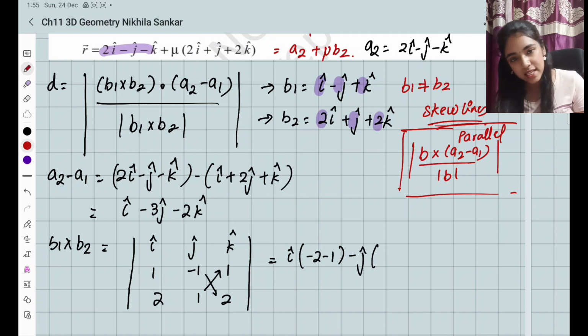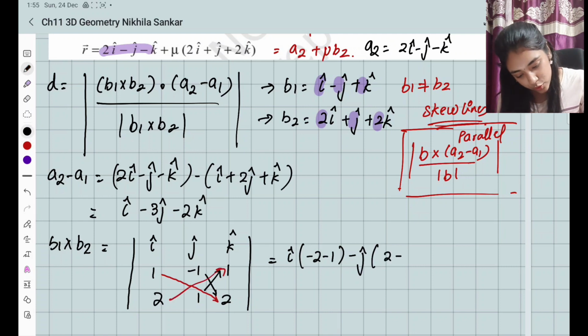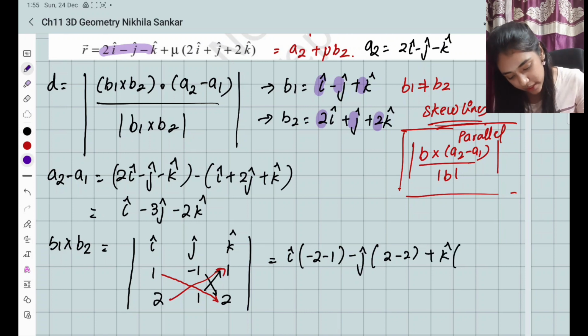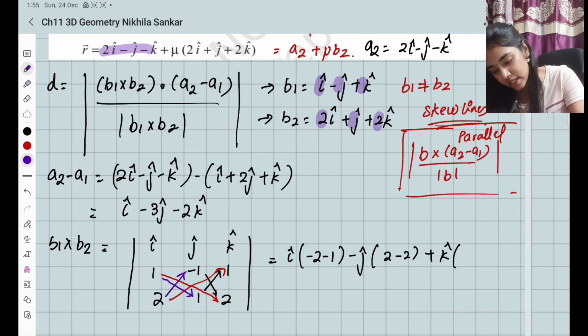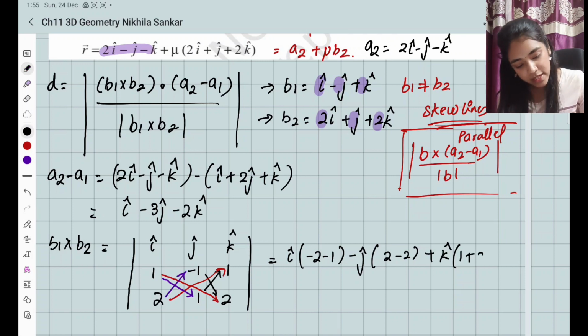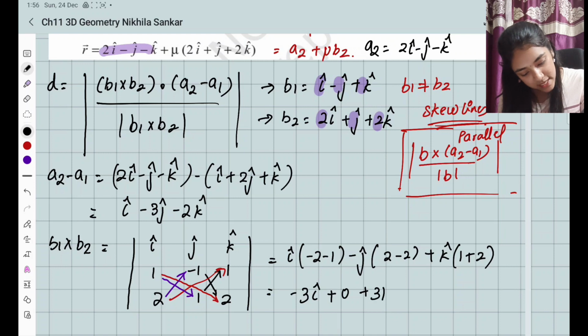In a cross product there is a minus, right? Go back and look at vector products. For J cap I have to multiply 1 into 2 minus 2 into 1, so 2 minus 2. Then plus K times, for K I have to multiply 1 into 1 minus of minus 2, so 1 into 1 is 1, minus of minus 2 is plus 2. So this is going to be minus 3I cap plus 0 plus 3K cap.